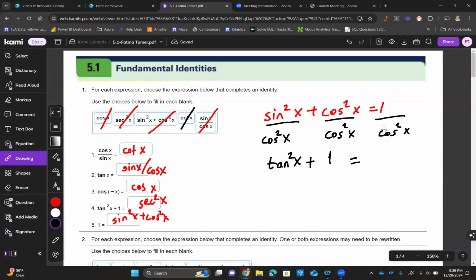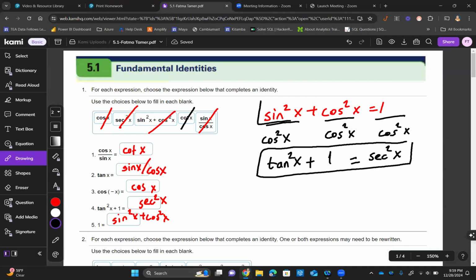And then 1 over cosine is equal to secant, so 1 over cosine squared will be equal to secant squared x. This is called the second form of the Pythagorean identity. So the red one here at the top is the main form of the Pythagorean identity. And from this identity, we can derive the second version, which is 1 plus tangent squared x, or sometimes tangent squared x plus 1, is always equal to secant squared x.